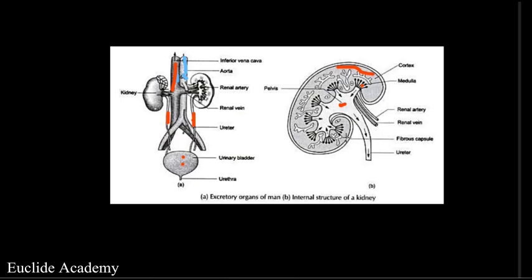Inside the kidney, you are going to find the main filtering units, which are called the nephrons. The nephrons carry out the actual filtering of blood and remove all the waste from it so that it can be passed out through the urethra.